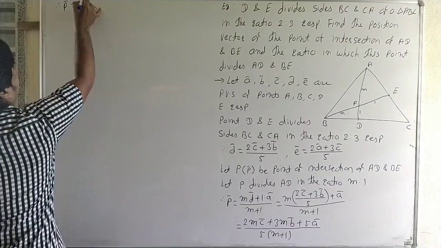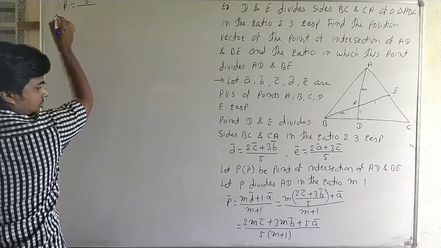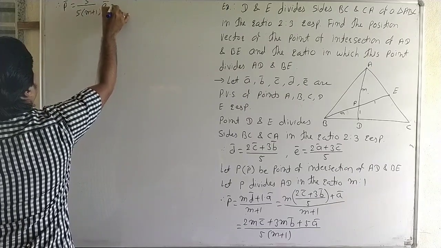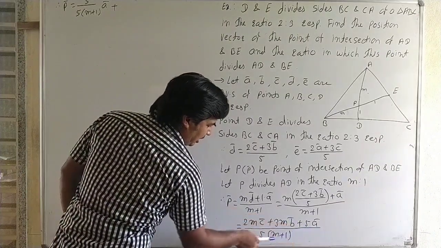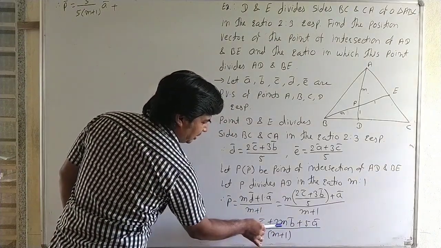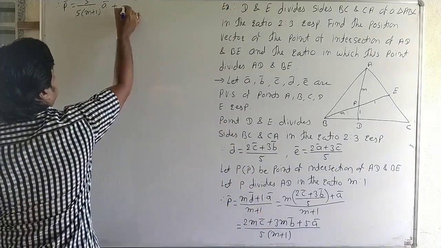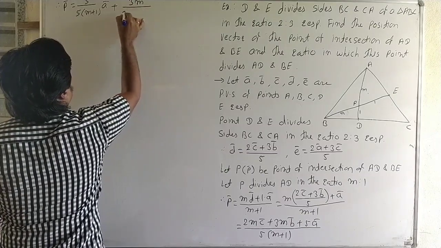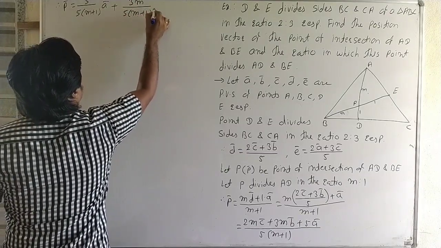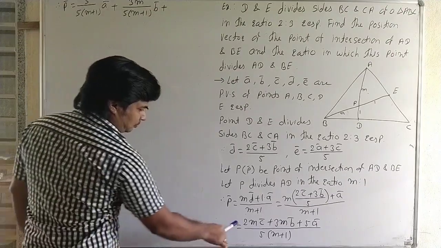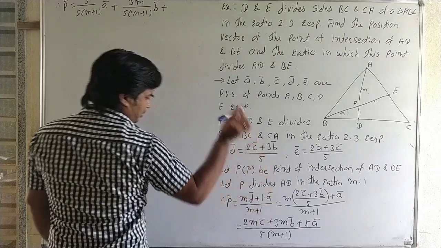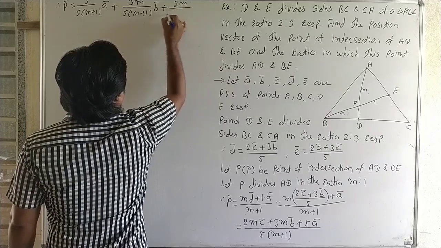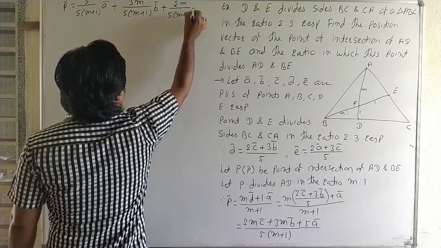Therefore we can write 5 upon 5(m plus 1) A bar, plus 3m upon 5(m plus 1) B bar, plus 2m upon 5(m plus 1) C bar.